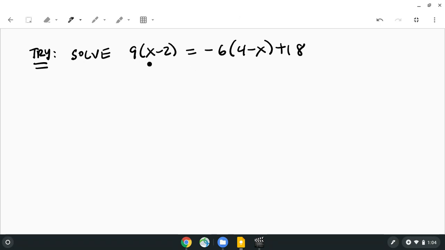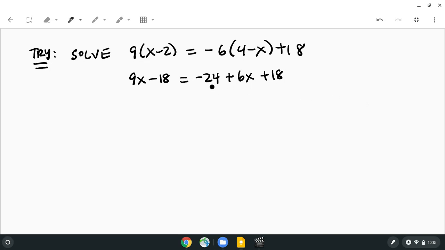Okay, I'm going to use the distributive property here, 9 times everything inside the parentheses. So I get 9x minus 18. I am also going to use the distributive property over here. So I'm going to multiply everything inside the parentheses by negative 6. So I get negative 24 plus 6x. And I bring down the plus 18. Okay.